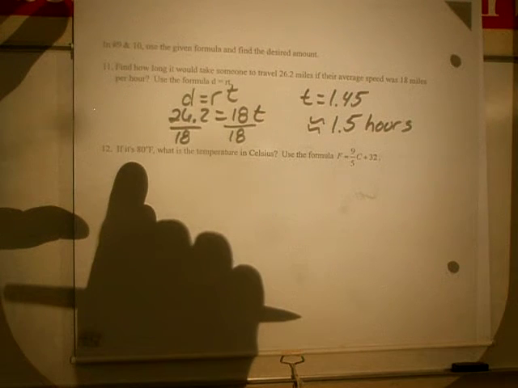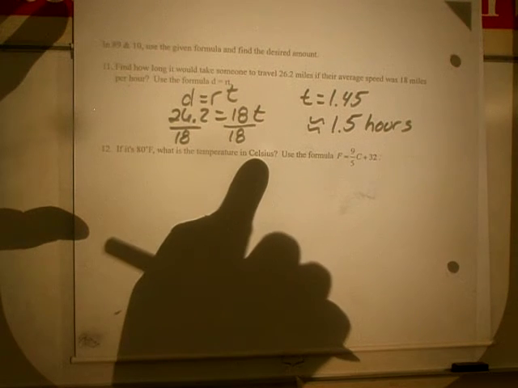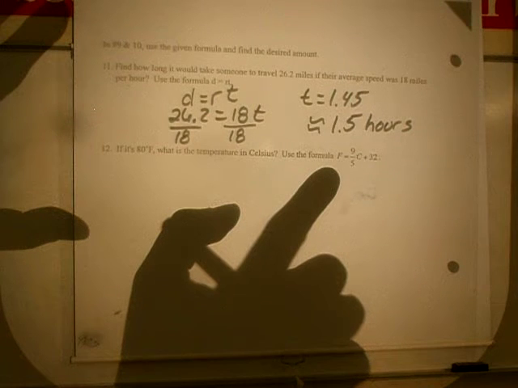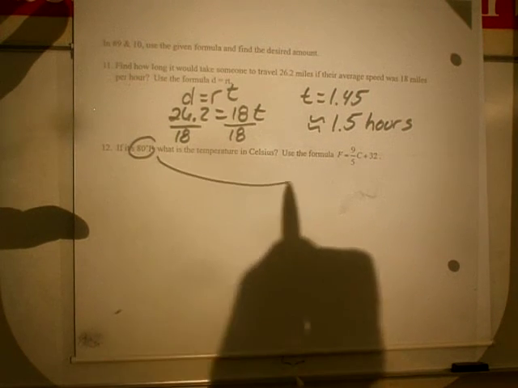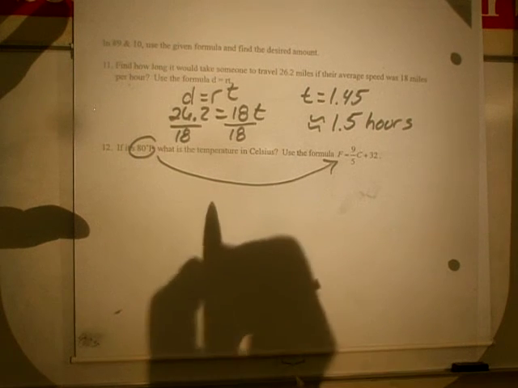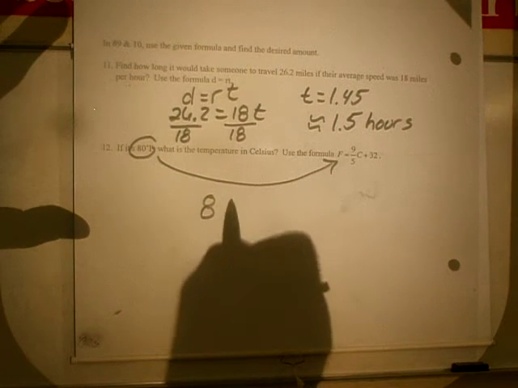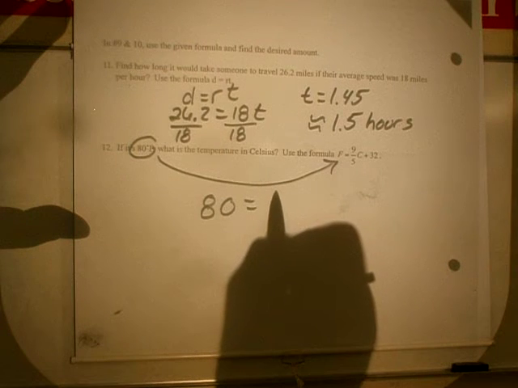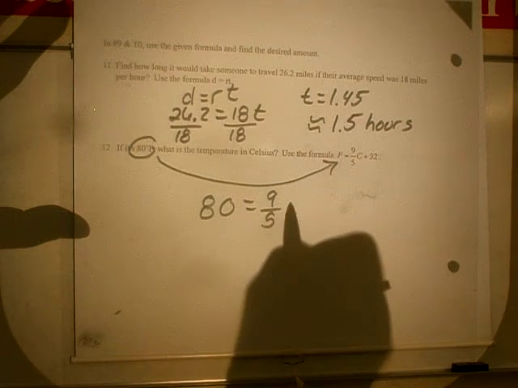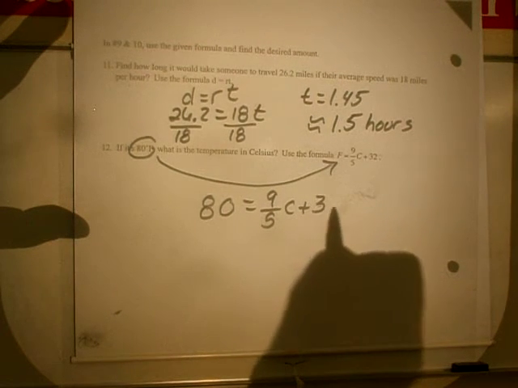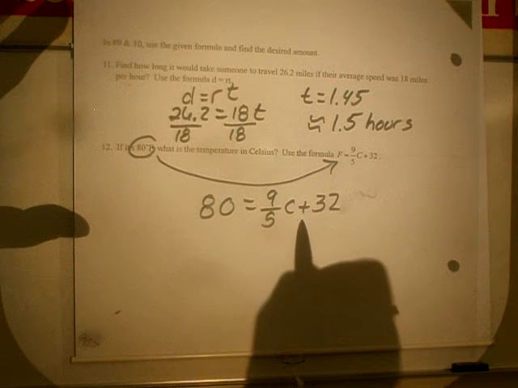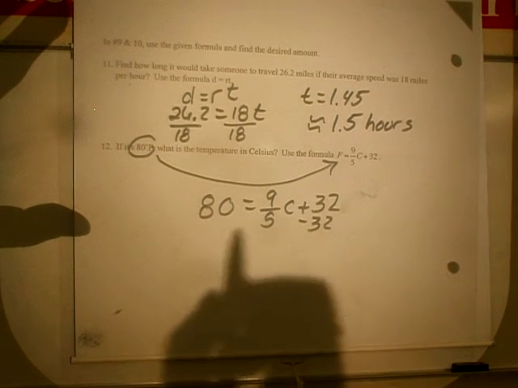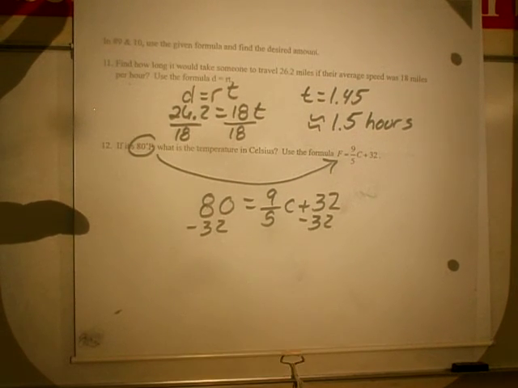Number 12. If it's 80 degrees Fahrenheit, what is the temperature in Celsius? And we're using this formula. Since this is our Fahrenheit temperature, we're going to put it in for F. And you will have 80 equals 9/5 C plus 32. Solving that, you are going to subtract 32 from both sides.